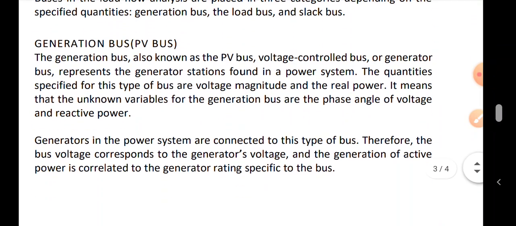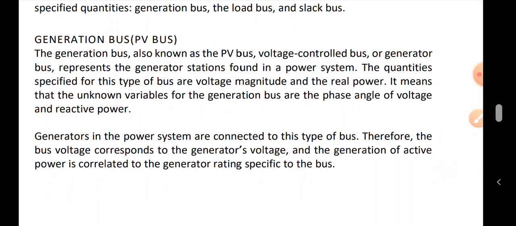It is called a generator bus because it is connected with the generating system, means generators are connected with this bus, that is why it is called the generator bus.